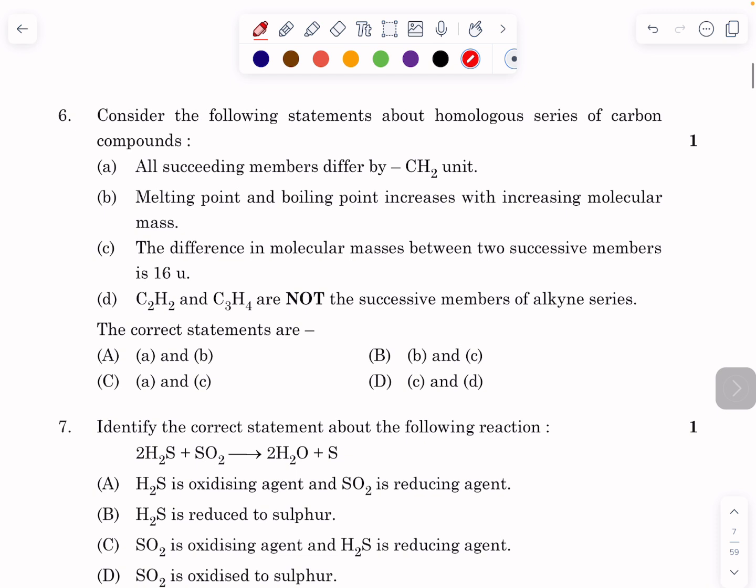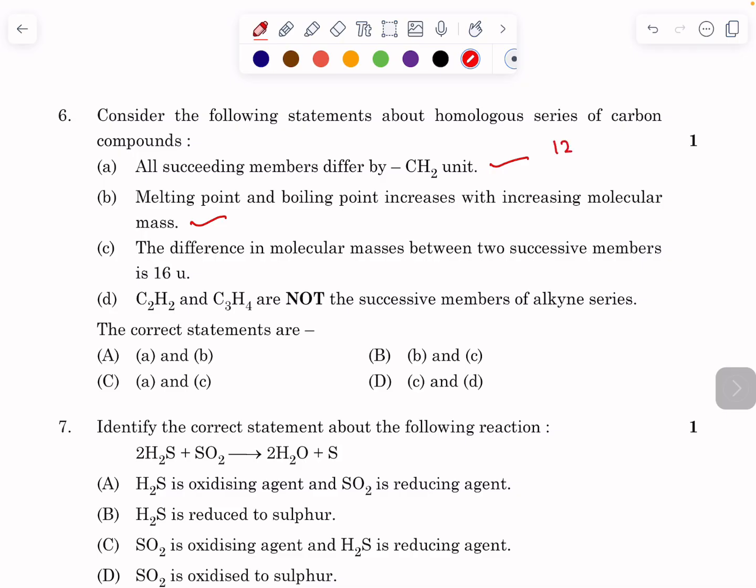Next one, consider the following statements about the homologous series of carbon compounds. In a homologous series, all succeeding members differ by CH2 units, and melting and boiling points increase with increasing molecular mass. This is correct. When molecular mass increases, the corresponding boiling point and melting point also increase. The difference in molecular mass between two successive members is 16 units. No, it is not correct. Why?